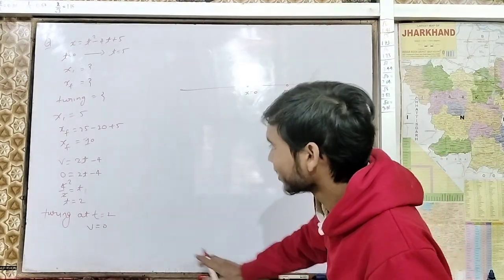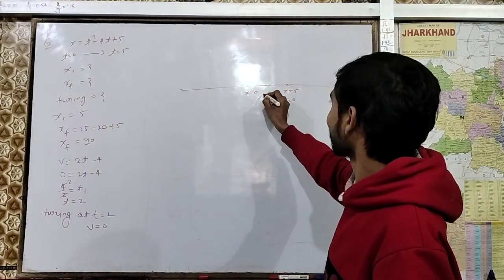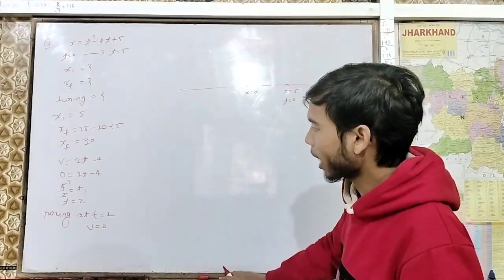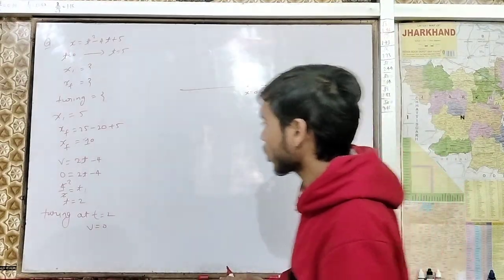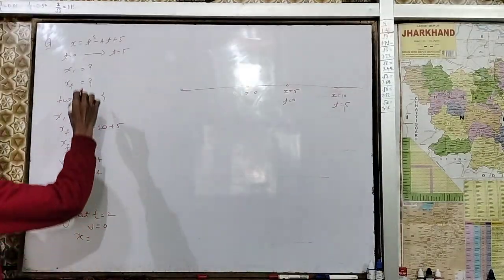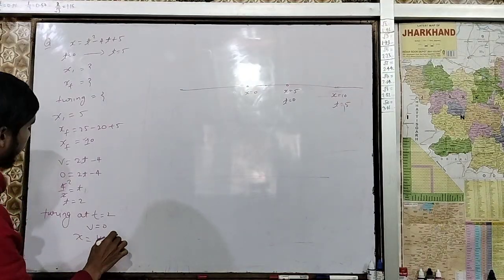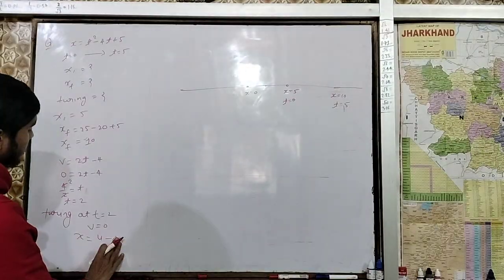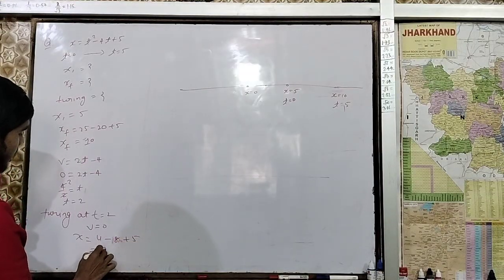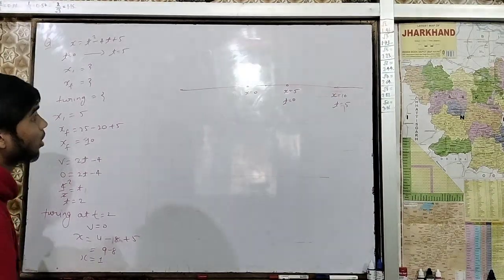Now see over here, t is equal to 2. For the turning, what will be x? T is 2, 2 to the 4 is 4, minus 4 multiplied by 2 is 8, plus 5. 9 minus 8, so x came as 1.